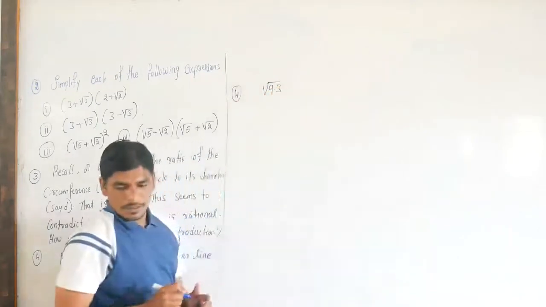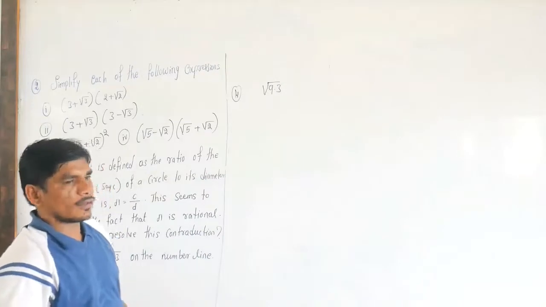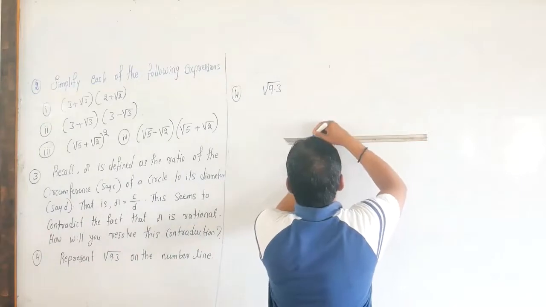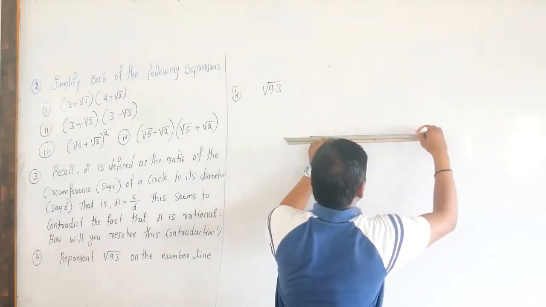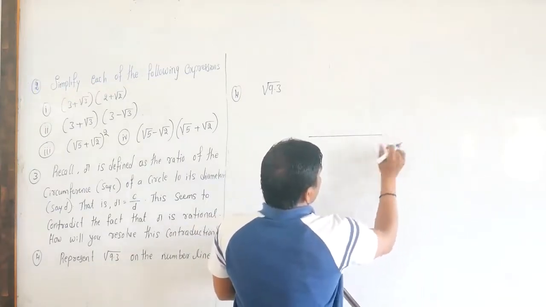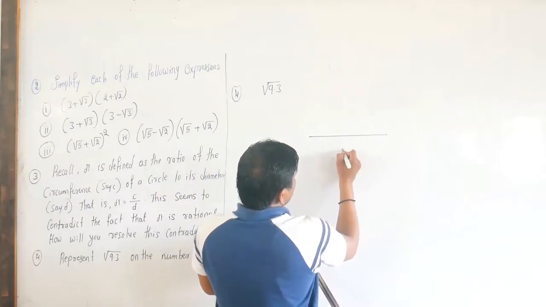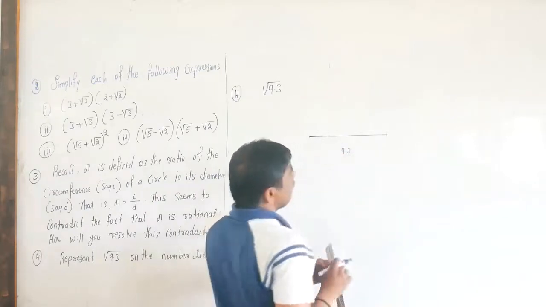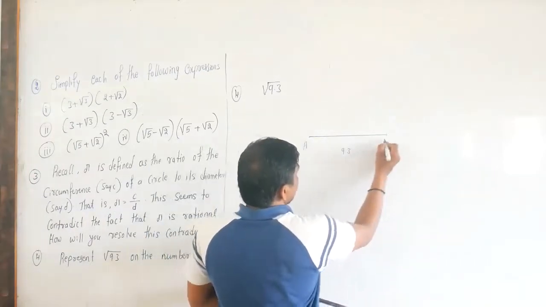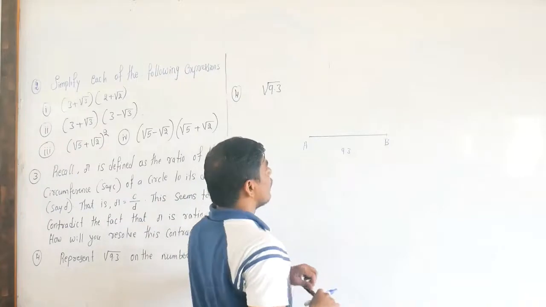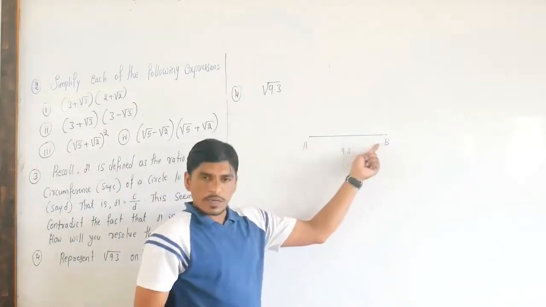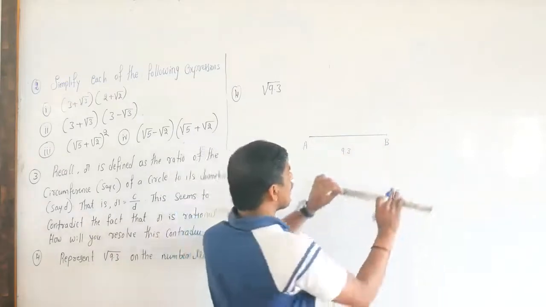According to the procedure, you take a scale and pencil, then you draw a length of 9.3 centimeters. Here, this length AB is 9.3. Then, according to the procedure, we extend the given line by 1 centimeter.